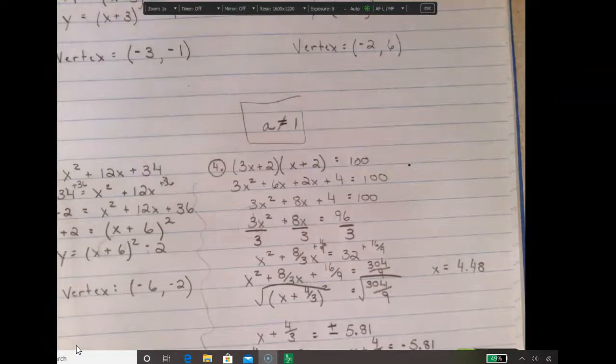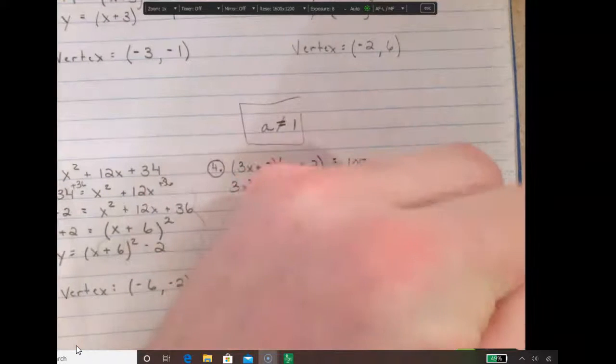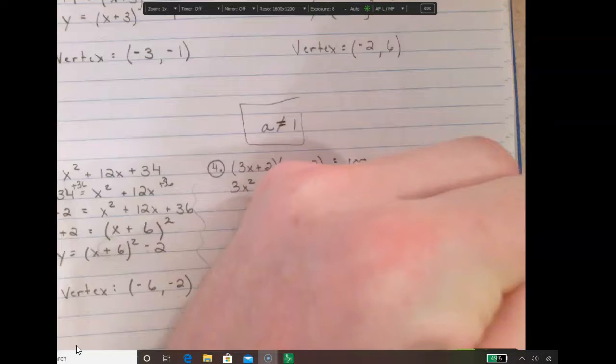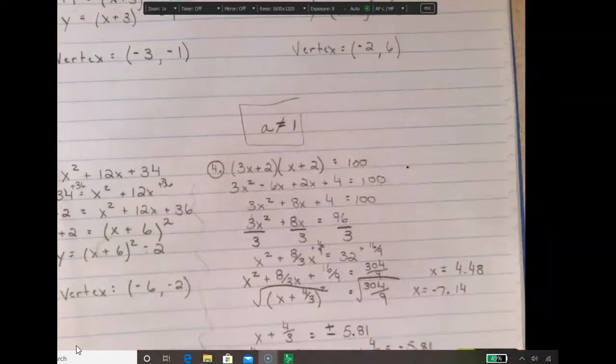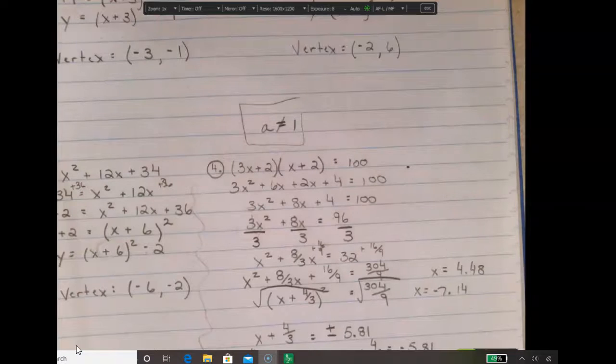And on the other side, it's going to give you negative 7.14. So x is going to be equal to both of those. So those are where my two solutions line up on number 4.